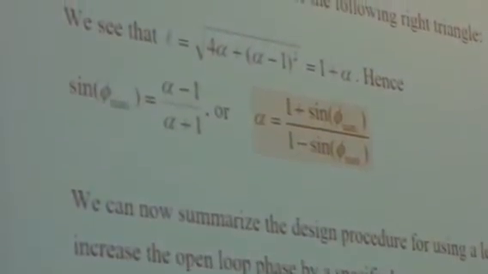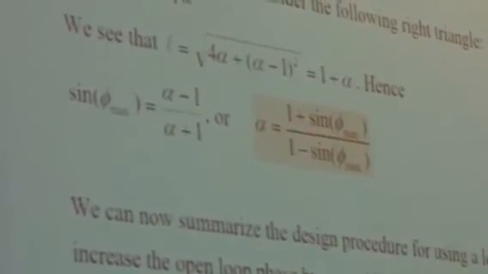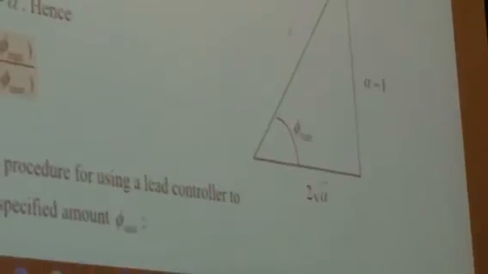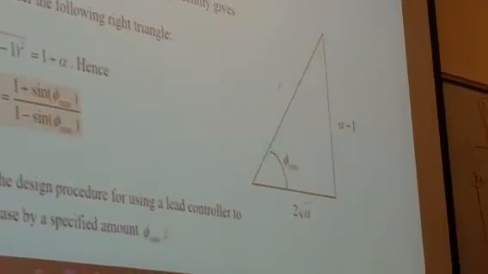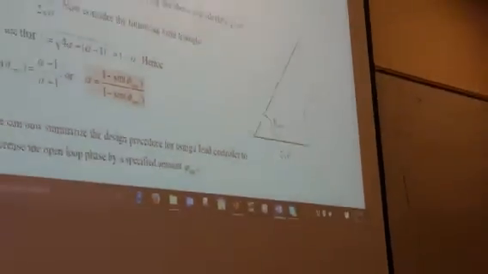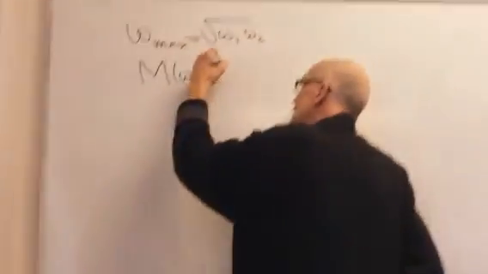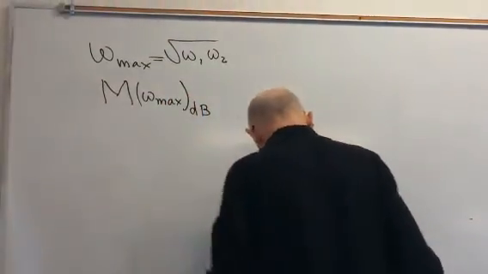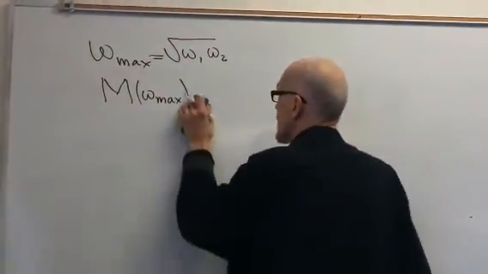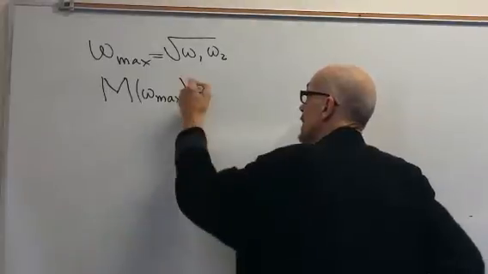I'll write it in a summary form here. This is one of our equations: omega max is the square root of omega 1 omega 2. M of omega max, well, it doesn't even need to be in dB, we can just leave it as we had it.